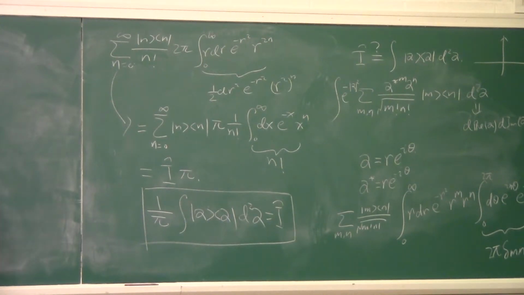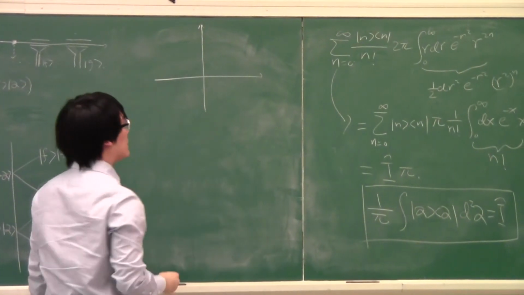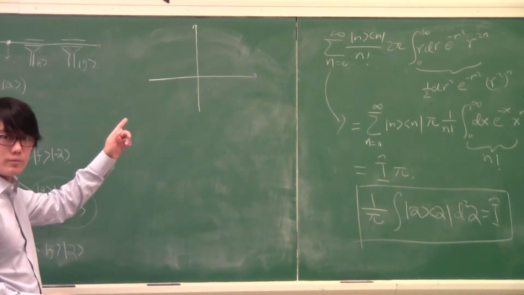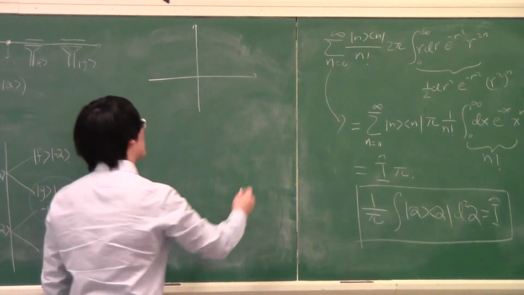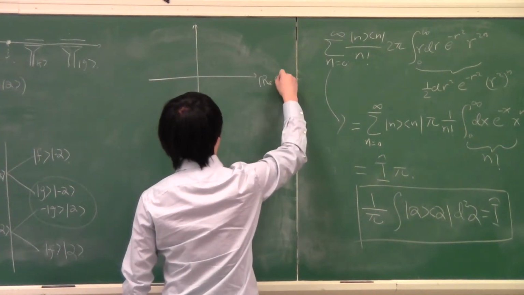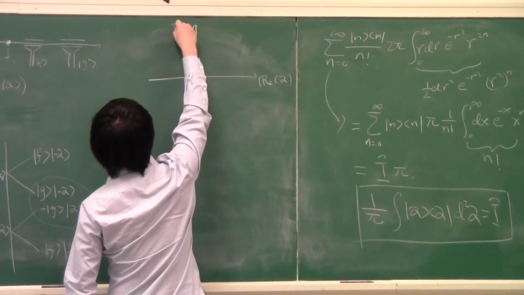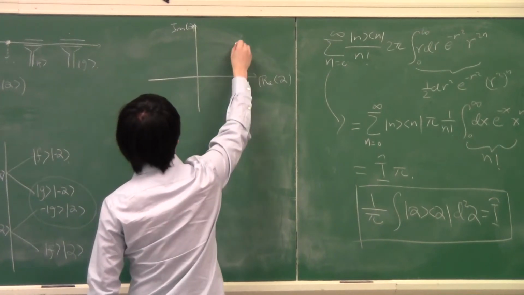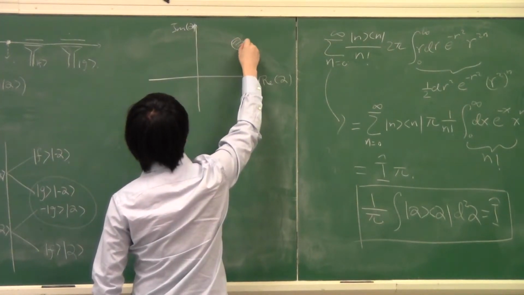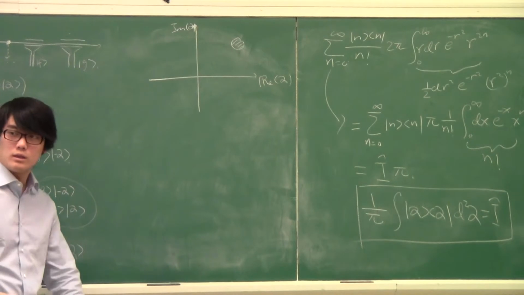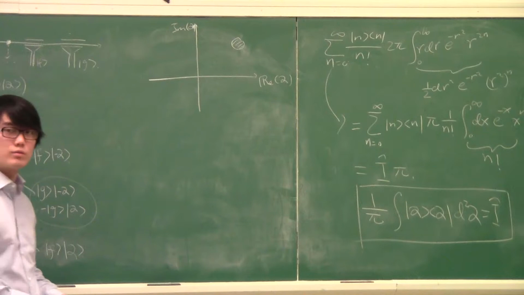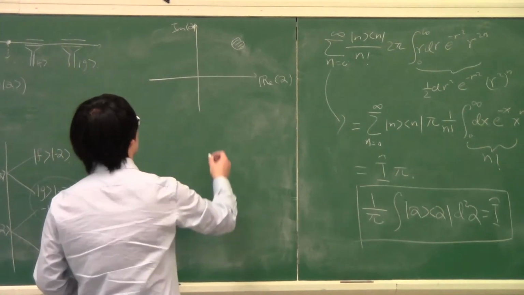So the phase space picture was this. I claim that when I represent the coherent state on this complex alpha plane, taking this axis to be the real part of alpha and this one the imaginary part of alpha, I can write the coherent state as something like this. It's a small circle, and the spread of the circle is determined by the uncertainty principle. For the coherent state, we have minimum uncertainty.